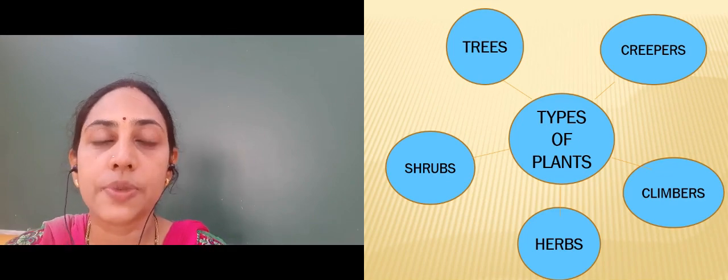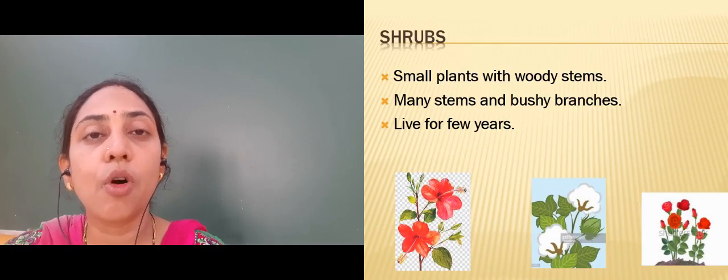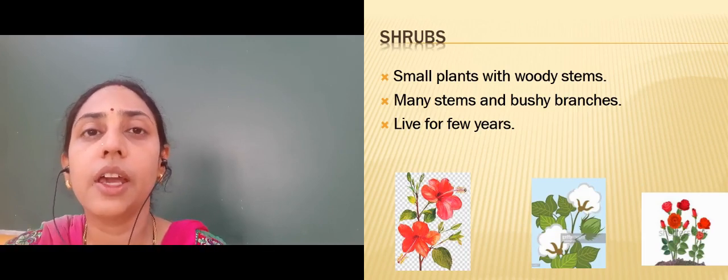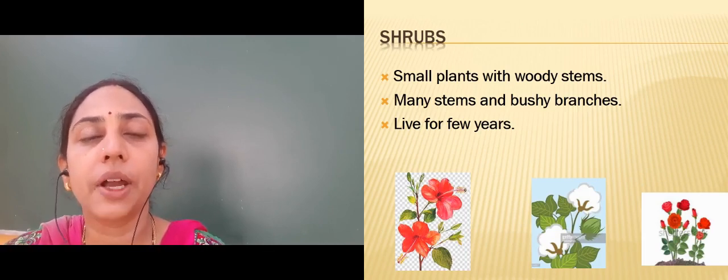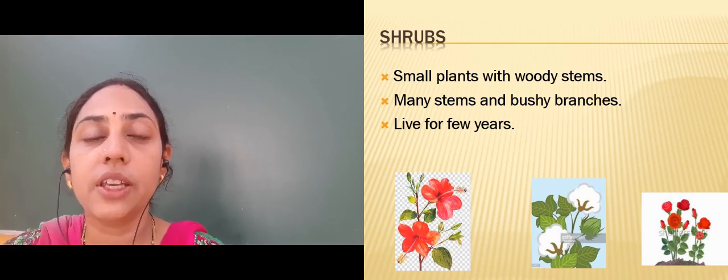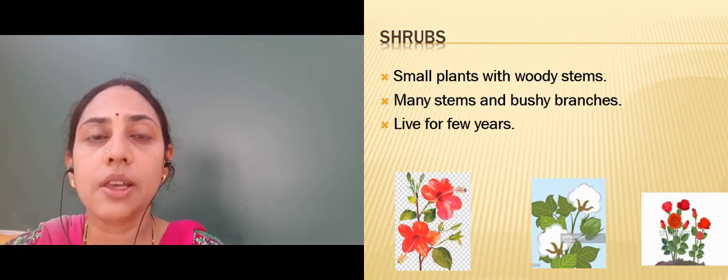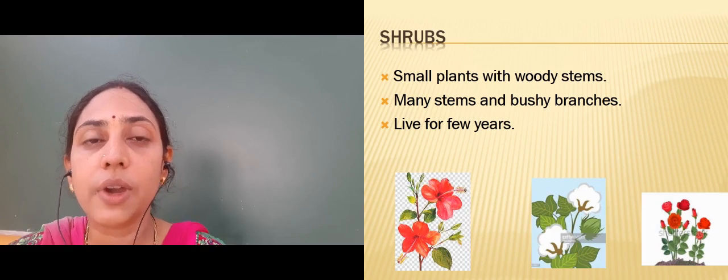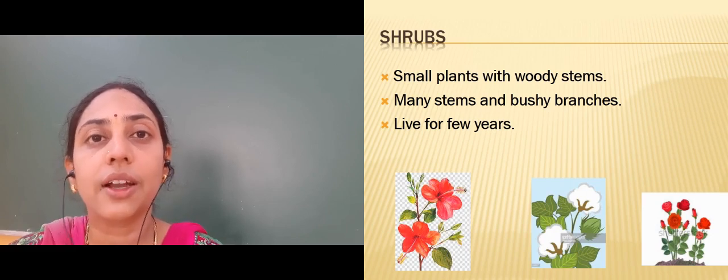Now shrubs. Shrubs are small plants with a woody stem. There can be many stems and branches that are bushy. So how can we identify these shrubs? When you see something bushy. Bushy means in Hindi we say jhadiyan. Have you seen curly hair?